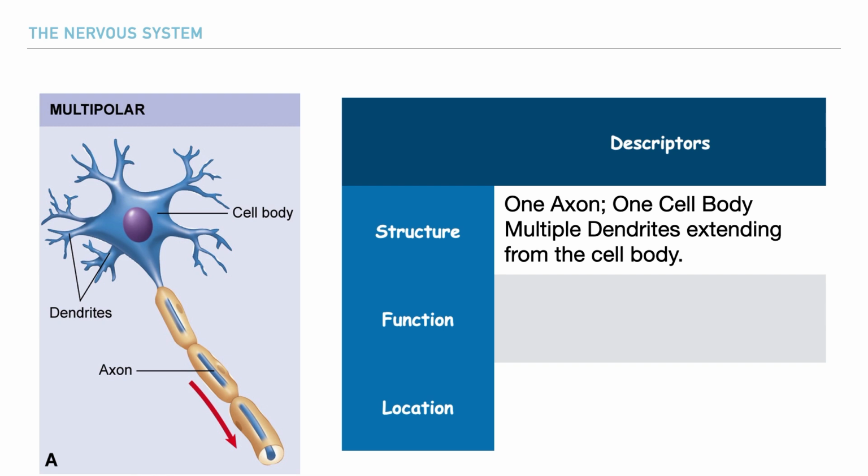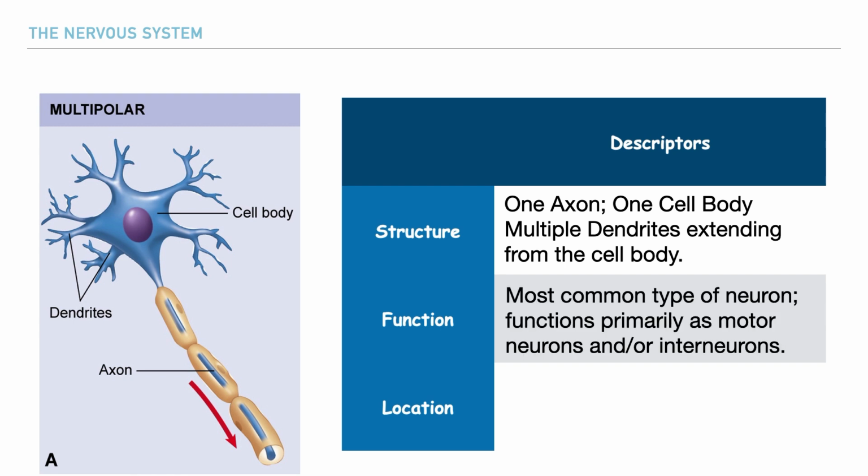Now, having this description is helpful, but what about its function? Well, let's just make note of the fact that multipolar neurons are the most common type of neurons that we'll come across. And when we see them, they behave either as motor neurons or as interneurons. So let's differentiate between these for just a moment.